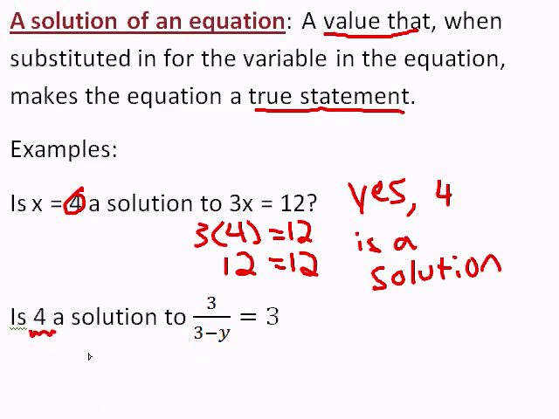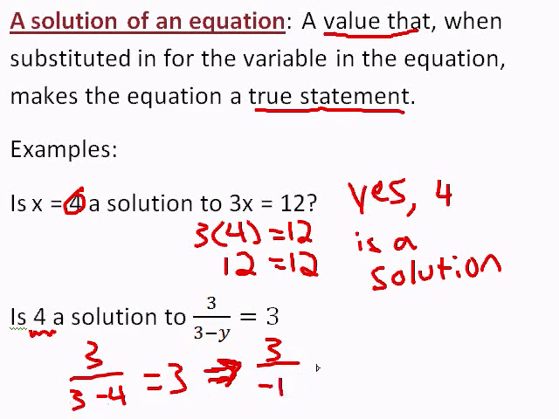Let's take a look. 3 over 3 minus 4 equal to 3. Evaluating that further, notice we can't do anything to the right-hand side of the equation, the 3, but we can evaluate the left-hand side. Evaluating the left-hand side, we're left with 3 over 3 minus 4, which is negative 1. 3 over negative 1 is negative 3.